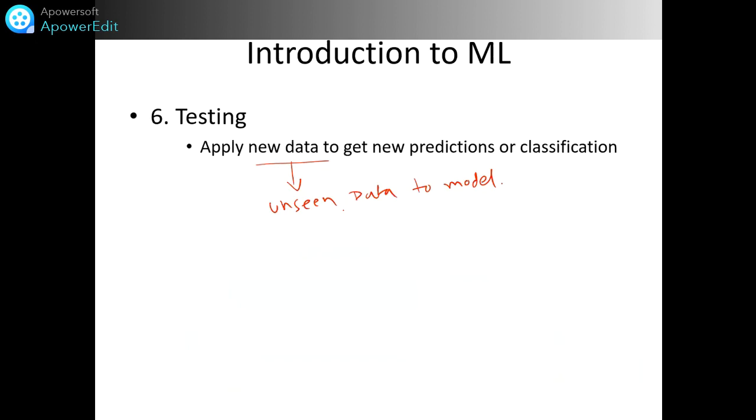You can correlate it with us being faculty: we teach some problems in the class, so a student can easily understand them, and if we give the same problem in the exam also, the student will get good marks. So generally we have to give new problems to students in exams. The testing phase is the same: in the examination of the model we are giving new data.